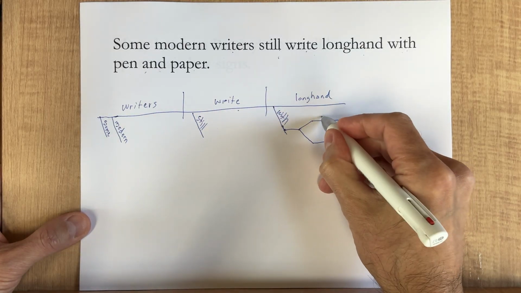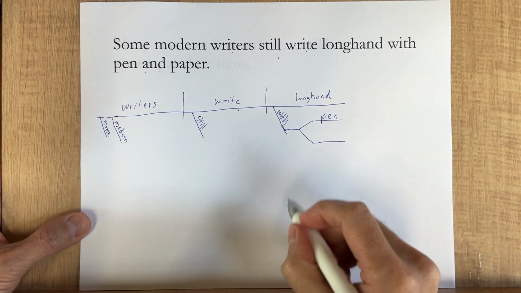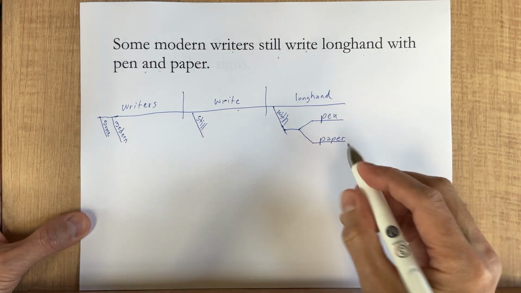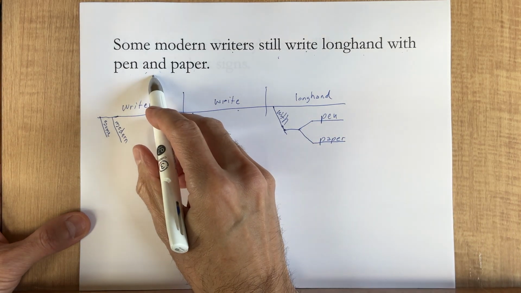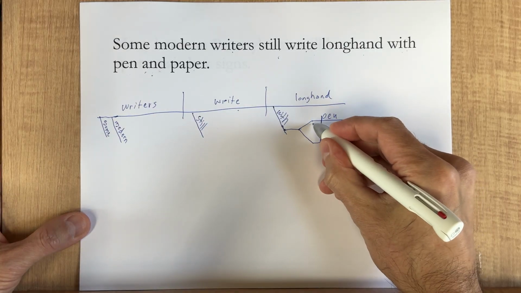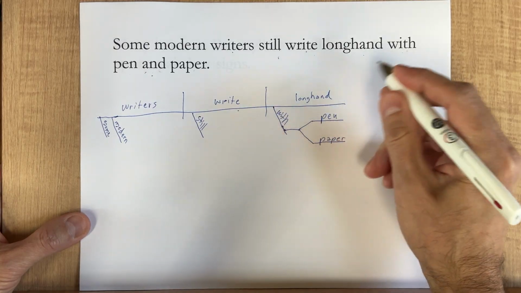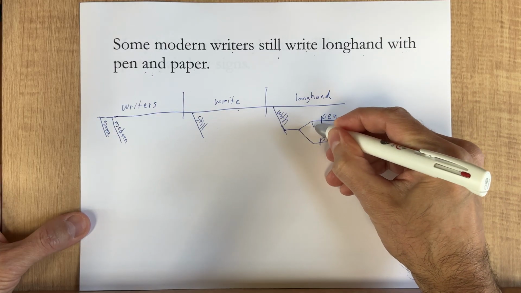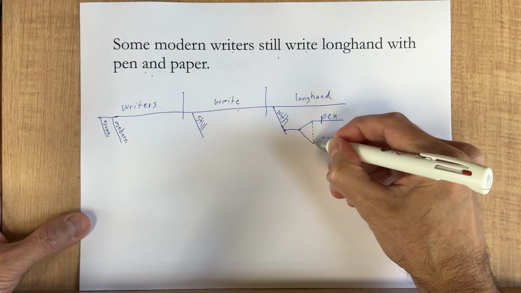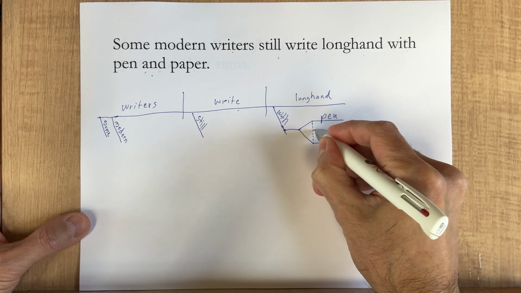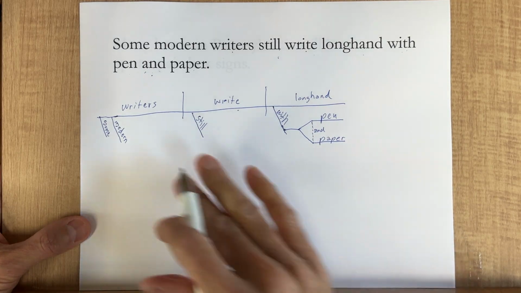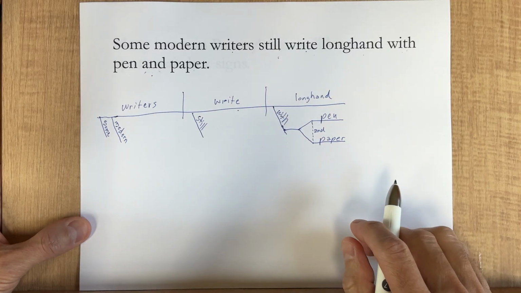And we put pen up here. And then we put paper down here. And then how do we deal with a conjunction? When you deal with conjunctions, and or whatever, you just put dotted lines and then you put and here. All right. So that would be the diagram for this sentence.